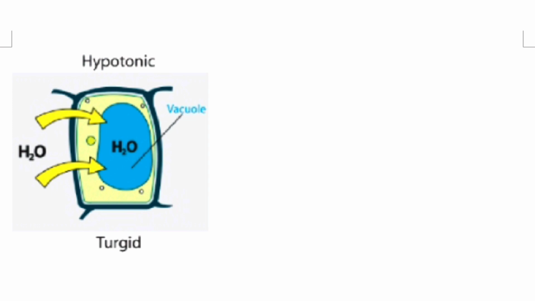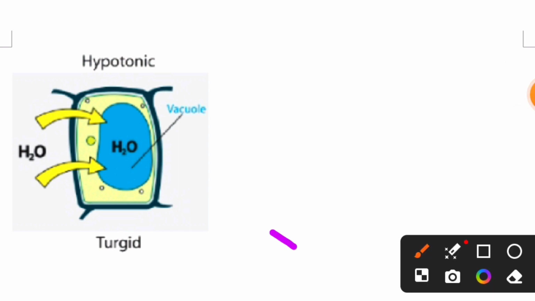This is called endosmosis. Endo means inside, into inside. So endosmosis is into the cell. When it is placed in the lower concentrated solution, that is the hypotonic solution, endosmosis occurs.